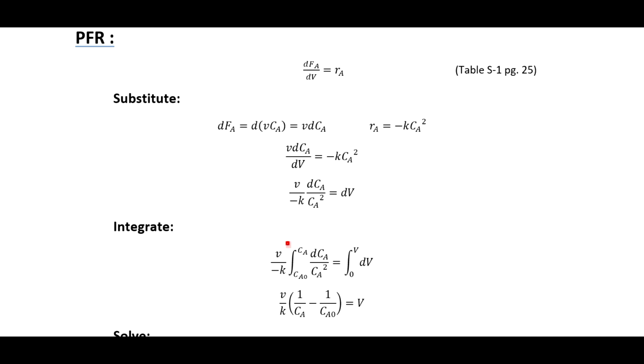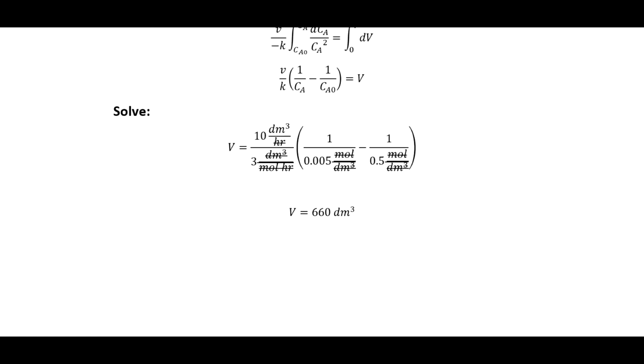And finally, setting our bounds, C sub A initial, C sub A final, and 0 and V. Once we finish integrating, we're given this function, v over k, parentheses 1 over C sub A minus 1 over C sub A initial, is equal to volume. Once we plug in all of our values, we're left with a volume of 660 decameters cubed.